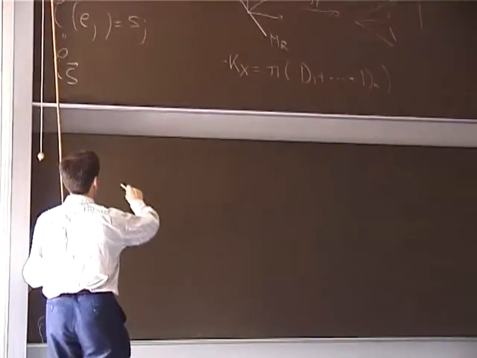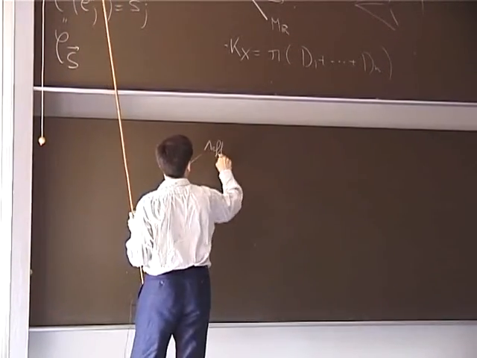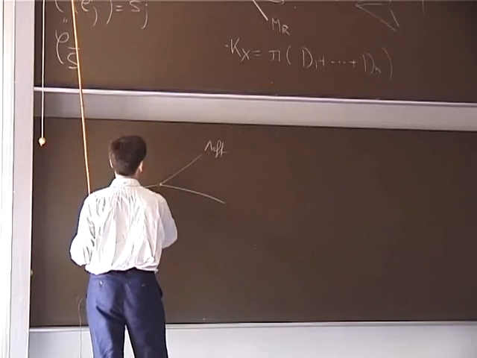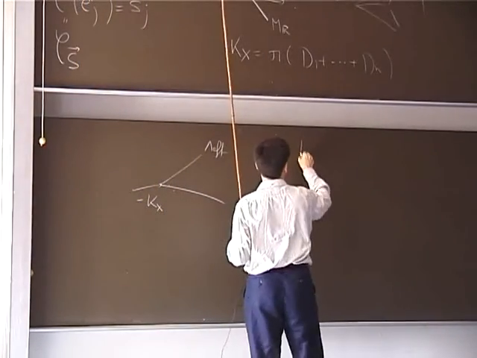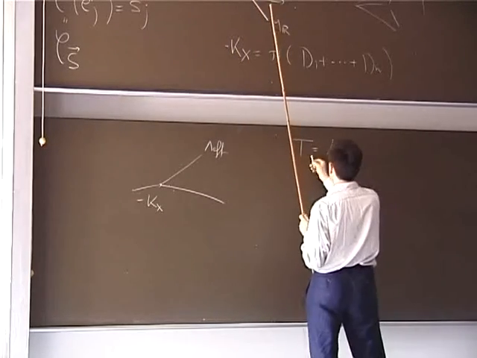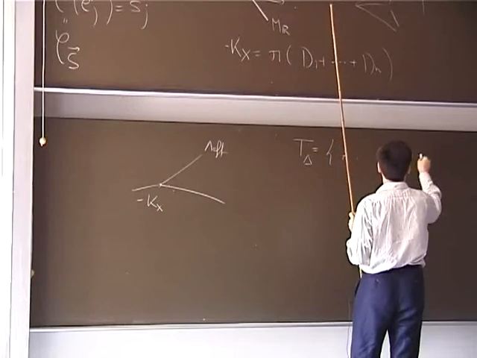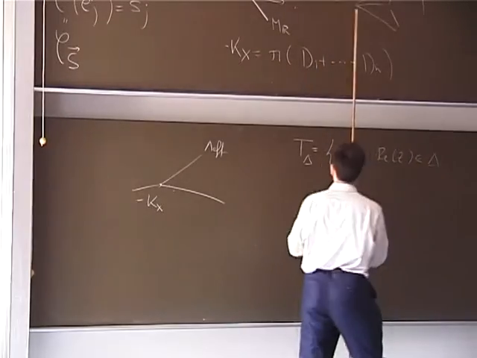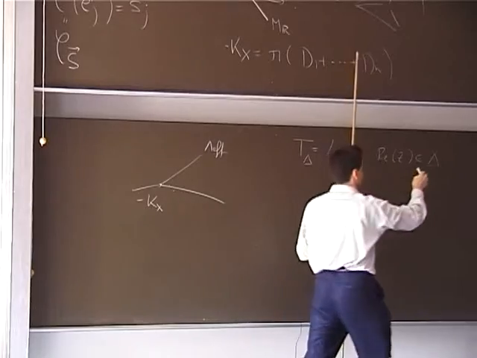The complex analysis part. So here we have this cone, effective, and there's some shift by the canonical class. A tube domain, in general, is just a domain of z such that the real part of z is in delta. So the real part is fixed and the imaginary part is everything. Okay?